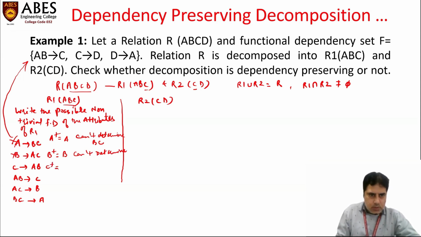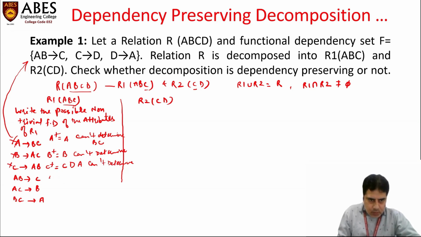Now take the closure of C. From C, C to D, D to A. From A, we cannot determine anything else. So from C to AB, we can't determine. So this functional dependency also cannot hold.